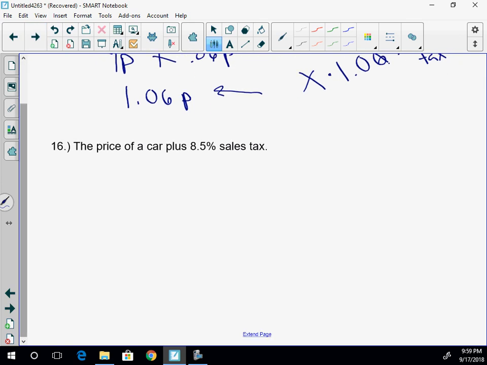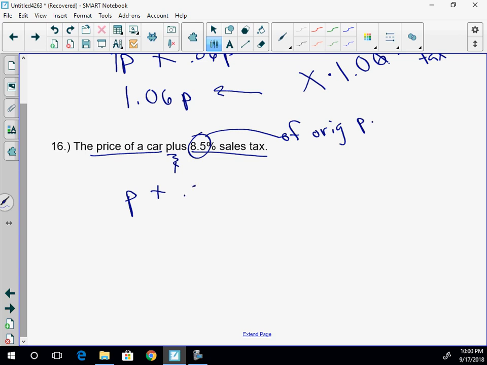All right, the price of a car plus 8.5% sales tax. Well, this is basically the same model as before. It's the price of a car. P plus means addition, and 8.5% sales tax. Remember, that's of original price, right?